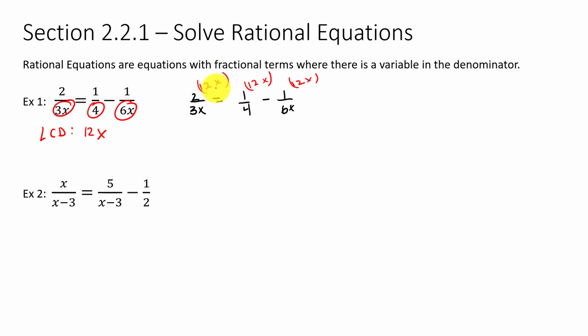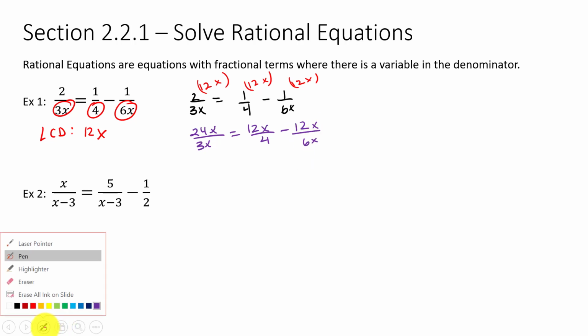What I'm actually trying to do, if I multiply everything by the LCD, is that when I'm done, we won't have a denominator at all. So when I do this math, 12 times 2 is 24x over 3x, which is equal to 12x over 4 minus 12x over 6x.